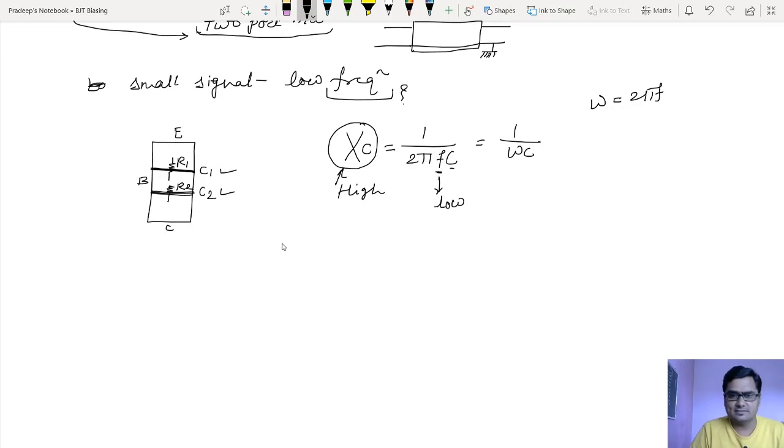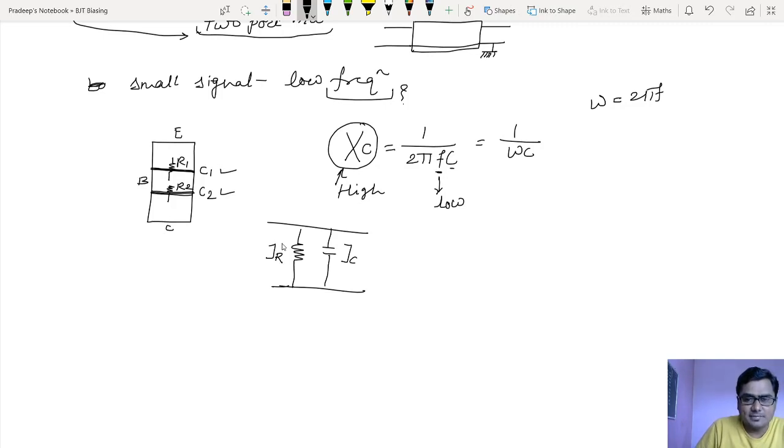Now see, two resistors are there, two capacitances are there. The junction resistance and the junction capacitance are in parallel.